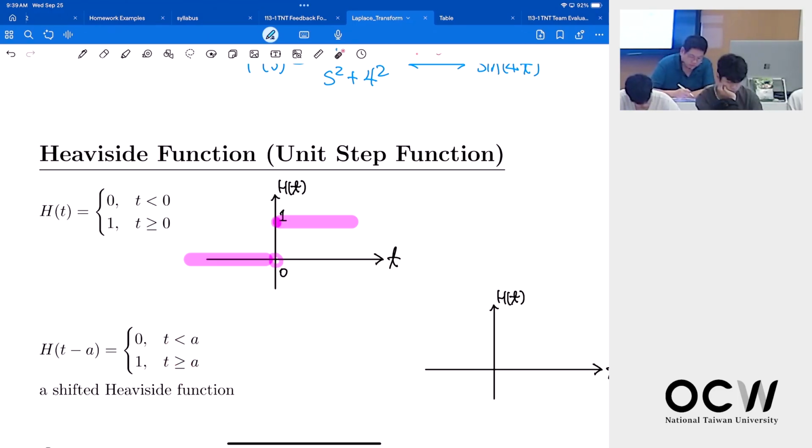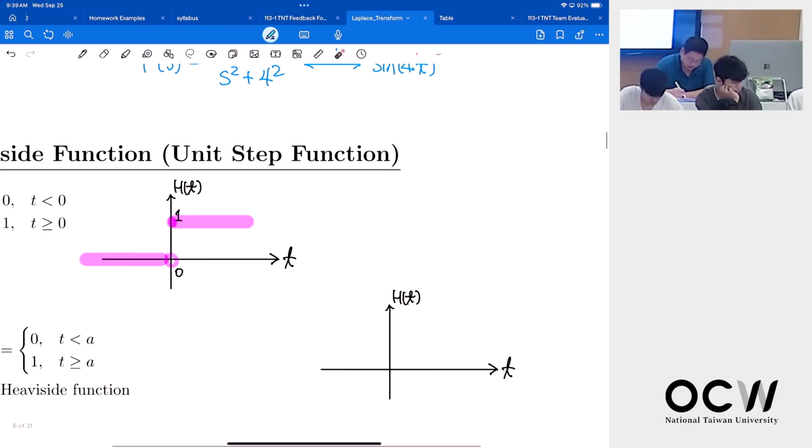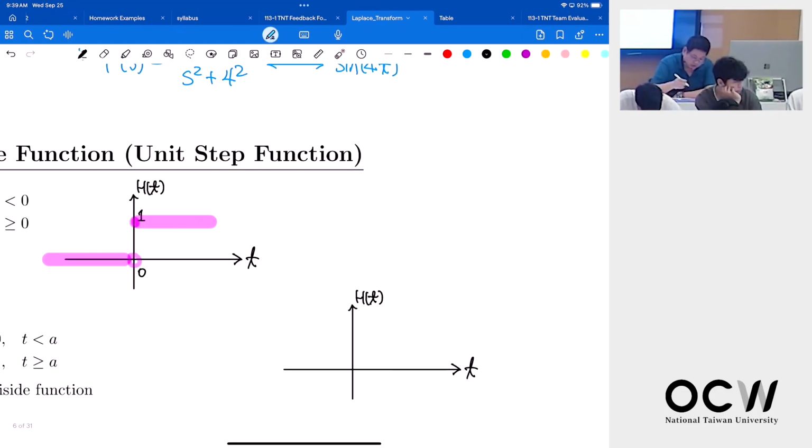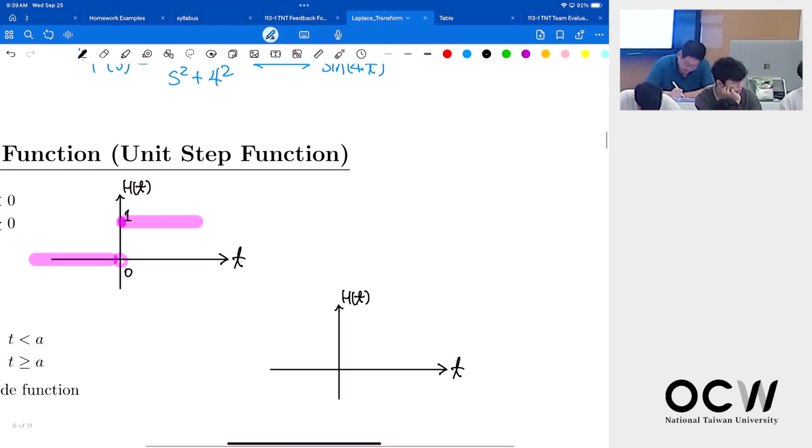So only when t is greater than or equal to a, then I turn on the signal. This is called the shifted Heaviside function. Here is 1 and here is a. Before a, it is 0. After a, it's 1.